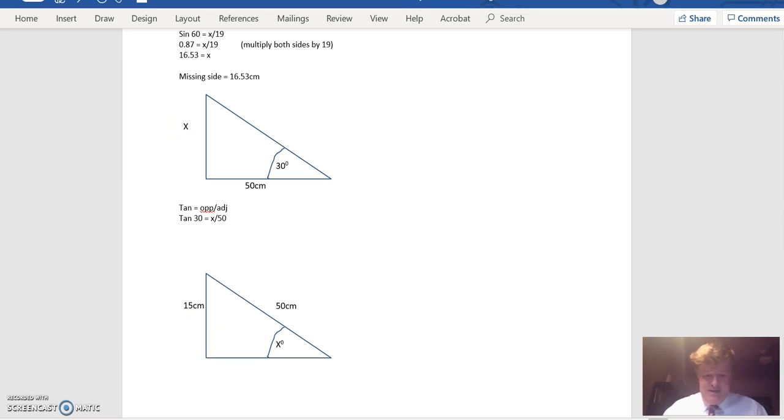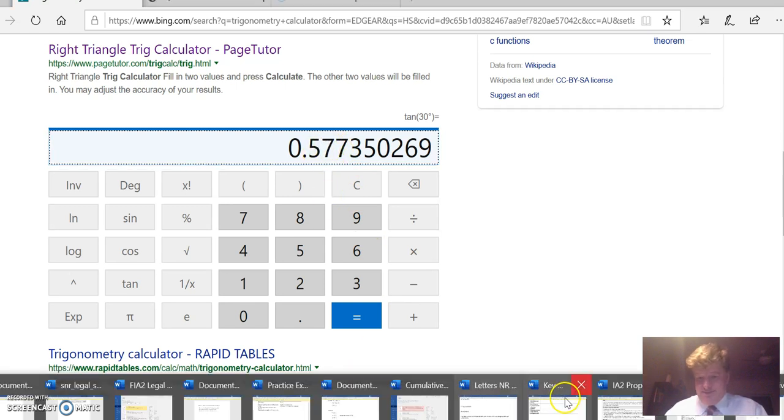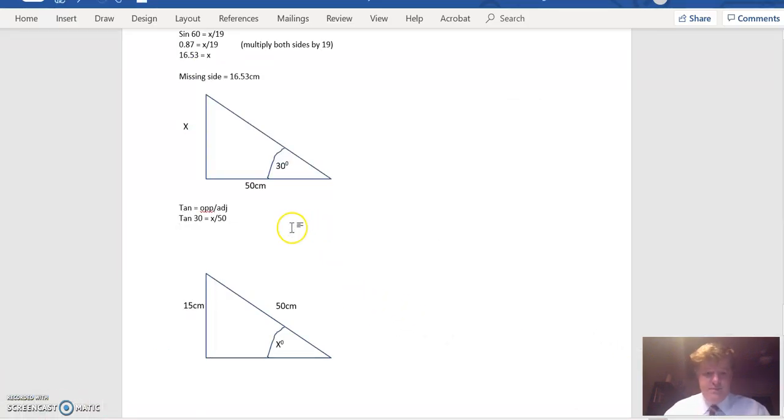So now we're going to need to calculate the tan of 30. Tan 30 equals 0.577, so 0.58. Now, we want to get x by itself. We want to know what x is.